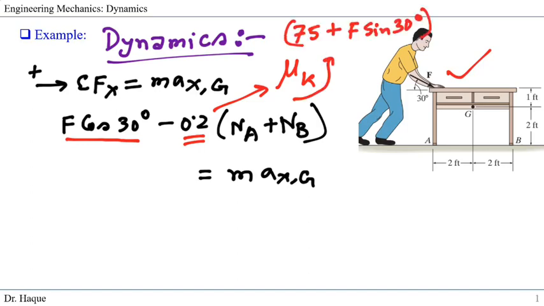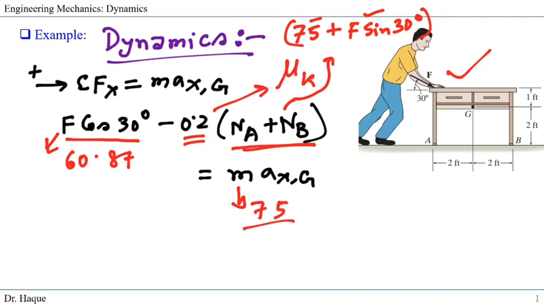Now we know the value of F that we figured out in the previous slide, 60.87 pounds. We know cos 30. We also know NA plus NB from the static part. We found it to be 75 plus F sine 30 degrees. And we know the mass because the weight is given as 75 pounds, so we divide it by 32.2.